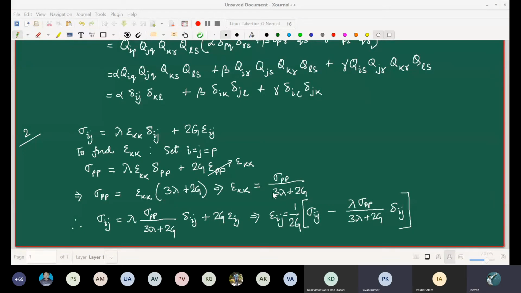Right. So the idea here is that in the expression of Cijkl, the terms that are sitting with the G have the delta ik delta jl plus delta il delta jk.